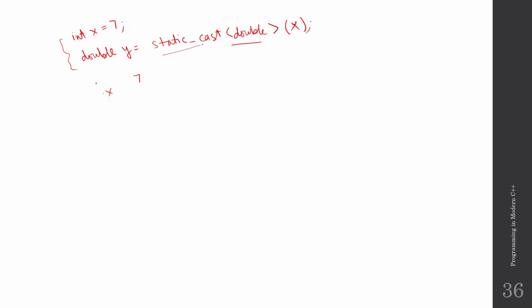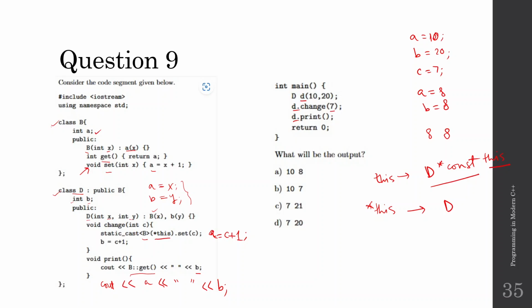Static cast creates a copy of the variable. It allocates memory and creates a new copy, so even after casting we can use the original variable. Since static cast creates a copy, now we can understand this better. What will happen is that a new copy of B will be created.